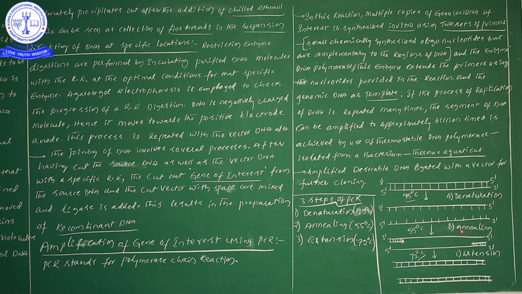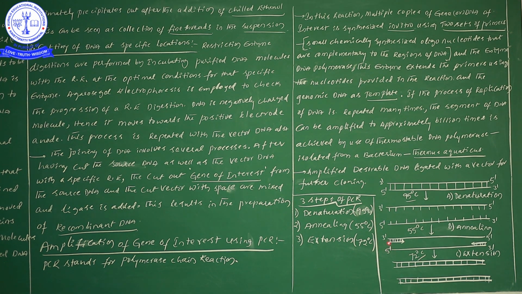Next, in annealing, the process we do, and don't forget, they will definitely ask in the NEET examination, is the addition of primers. You see the arrow mark here, addition of primers. Where do we add them? Exactly opposite to the 3' of the old strand.